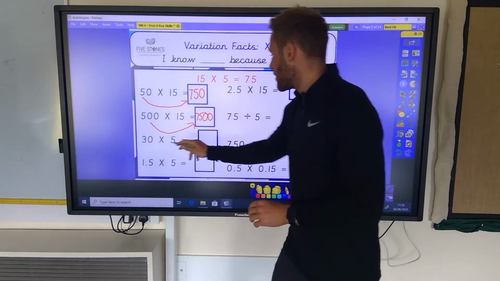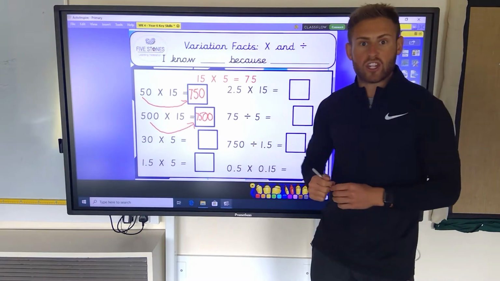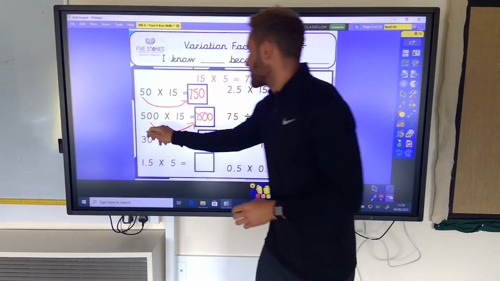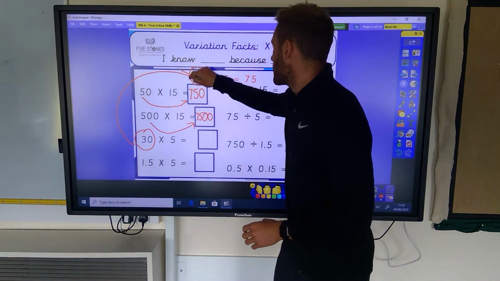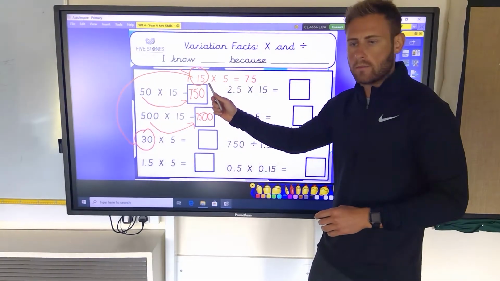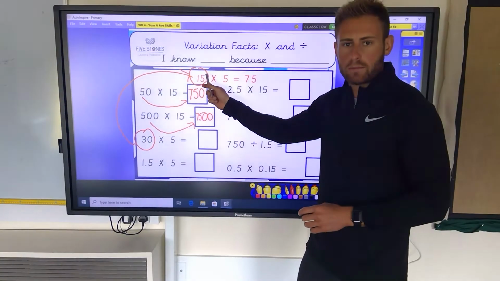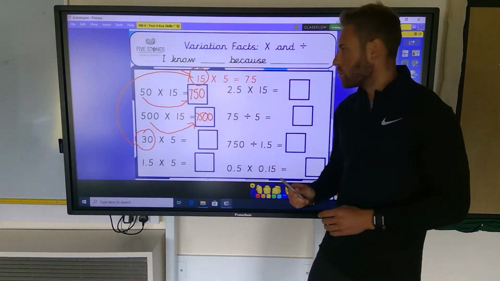Now I'm going to look at 30 times 5 against 15 times 5. What relationships can you spot? Great. Should hopefully have spotted the relationship between 30 and 15. 30 is double 15. So part of this equation has been doubled. What's going to happen to this side? That's also going to be doubled.